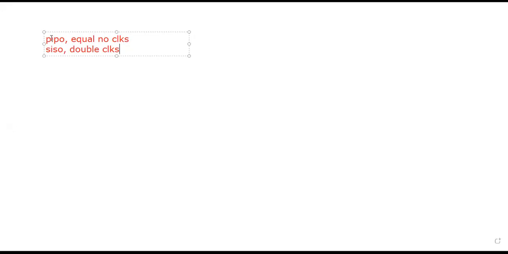Understand? For the number of clocks, the same clock is used for input and the same clock for output, so double clocks. If it is parallel, then same. If it is SIPO, then same for input and double for output, so you just don't need to get confused in this.